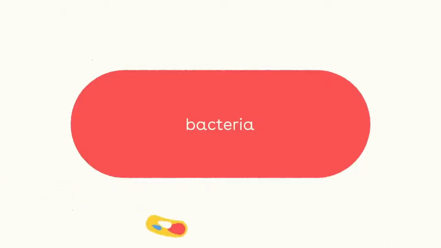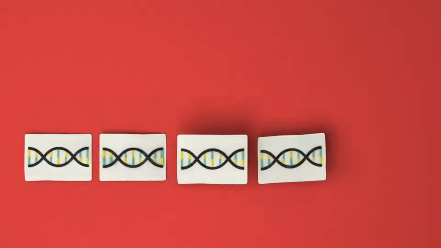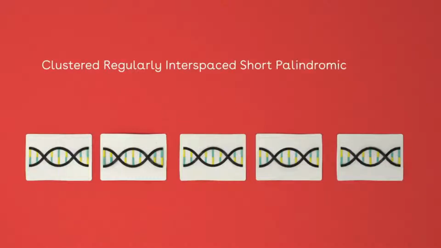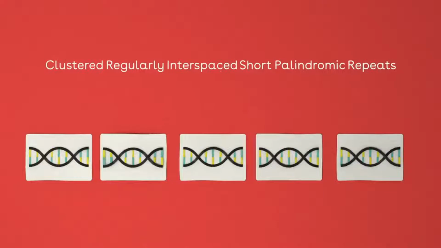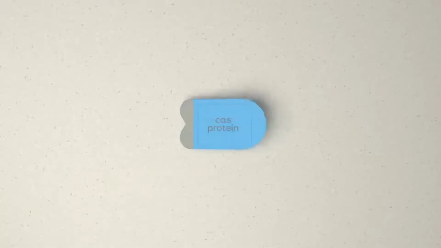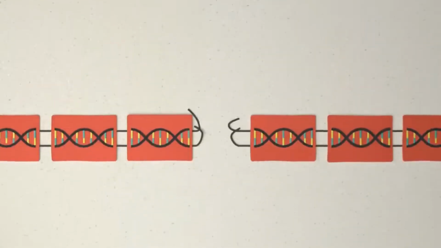Originally found defending single-cell bacteria and archaea against invading viruses, naturally occurring CRISPR uses two main components. The first are short snippets of repetitive DNA sequences called clustered regularly interspaced short palindromic repeats, or simply CRISPRs. The second are Cas, or CRISPR-associated proteins, which chop up DNA like molecular scissors.